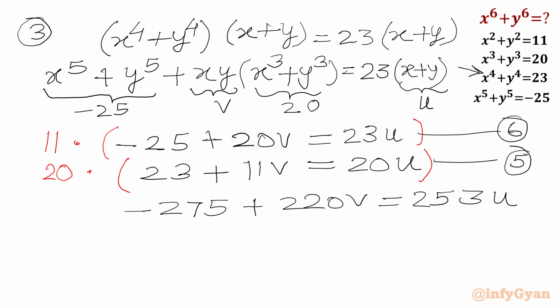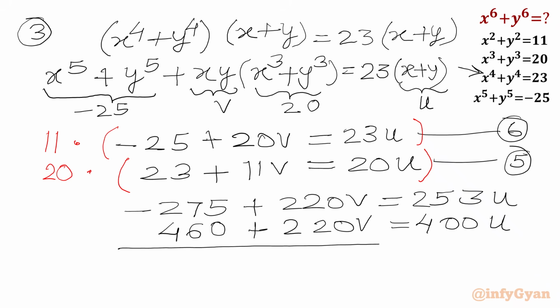Now the fifth equation we will multiply with 20. So we will write here 460. Then we will get the same term 220v equal to 400u. Now we are going to subtract the second equation from the first one. So we will put minus sign over here, minus here. These two terms will get cancelled.